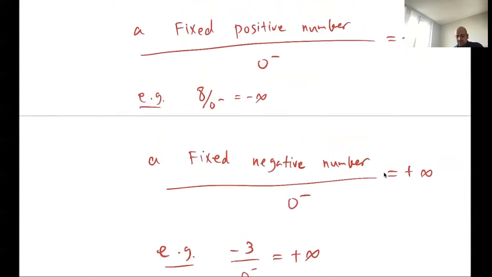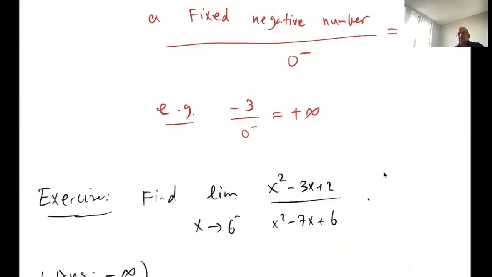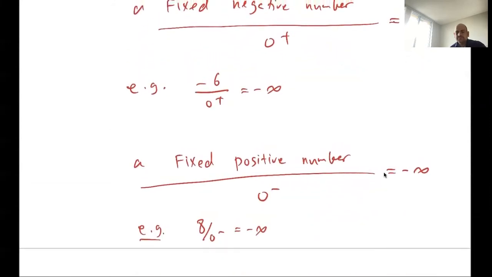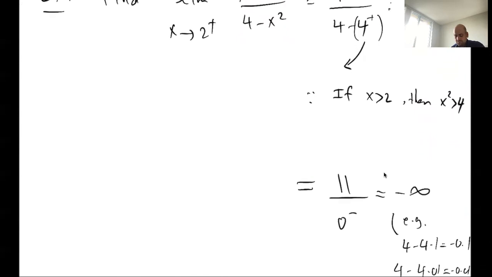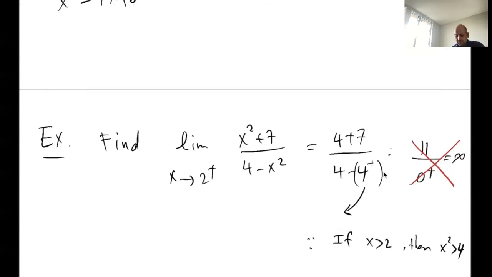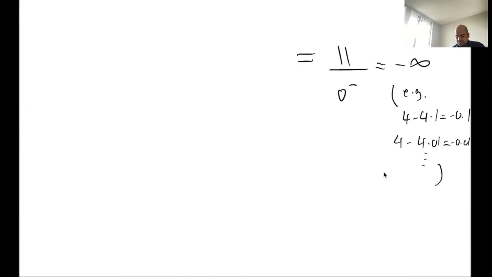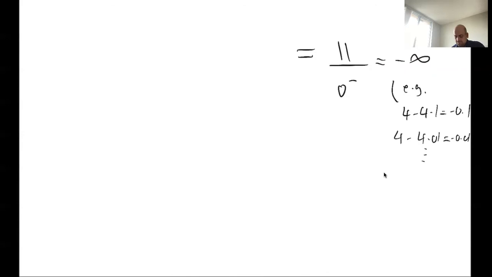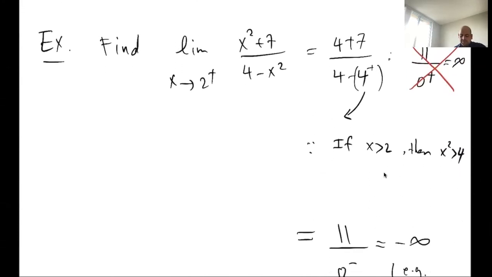We already mentioned here that a fixed positive number over 0 minus is minus infinity. So the answer to this limit is minus infinity.